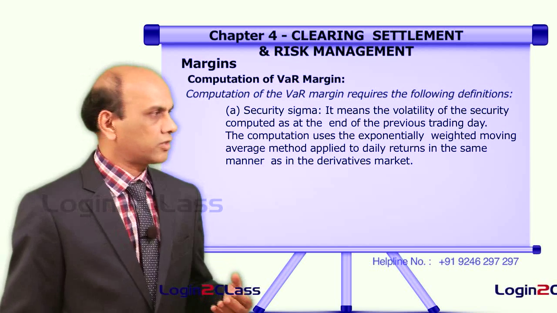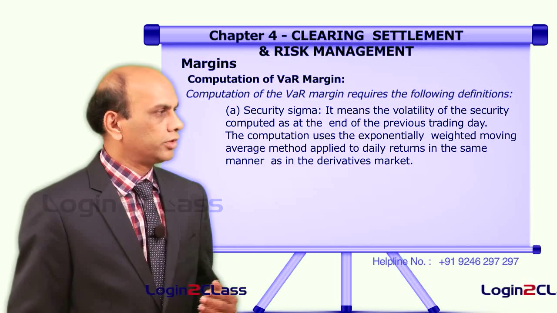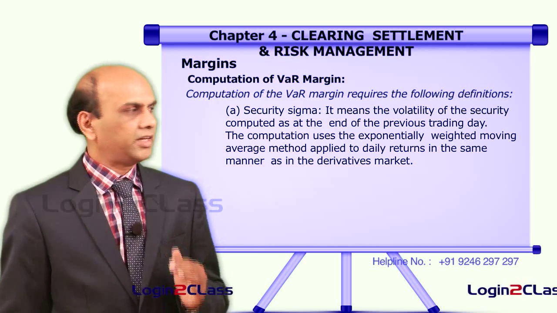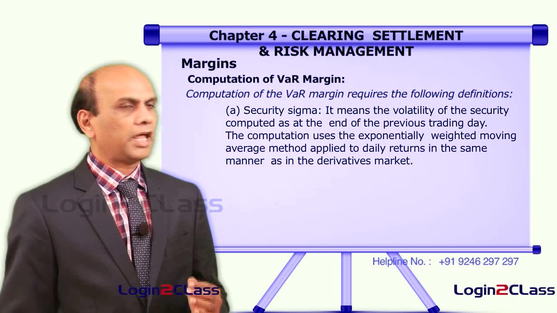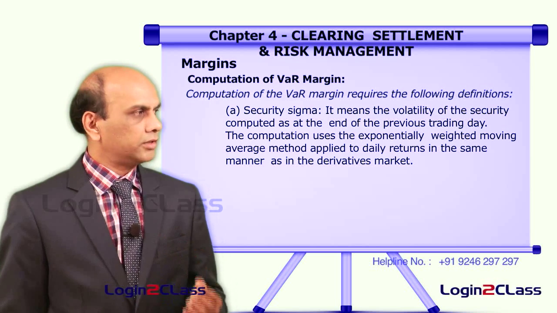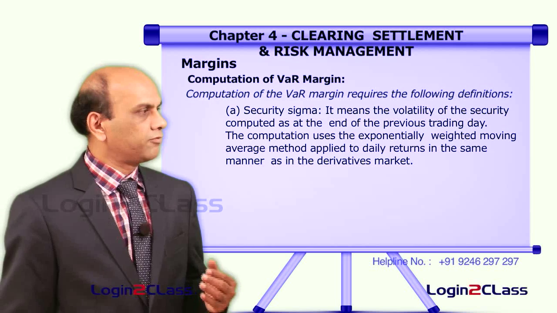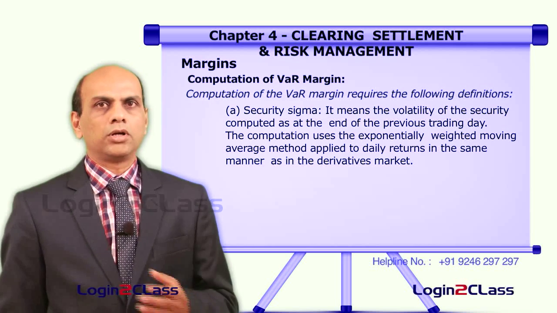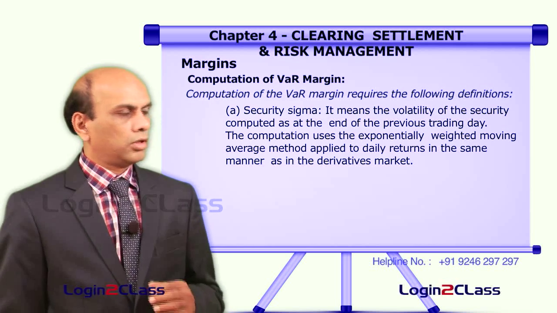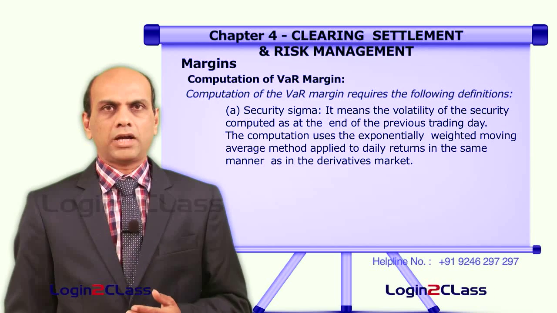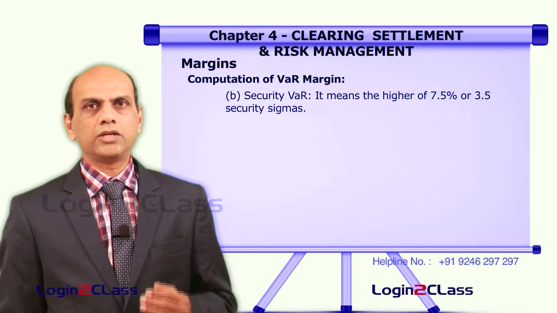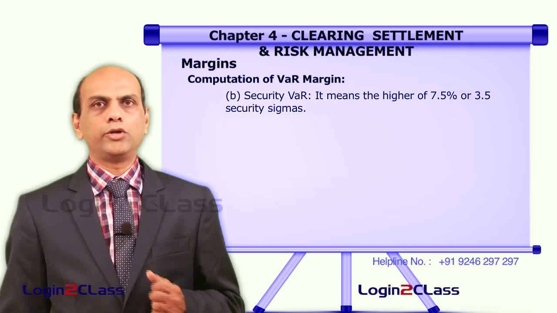The computation uses exponential weighted moving average method applied to daily returns, as in the derivatives market. Now, how do we arrive at the second point, that is security VAR, value at risk?